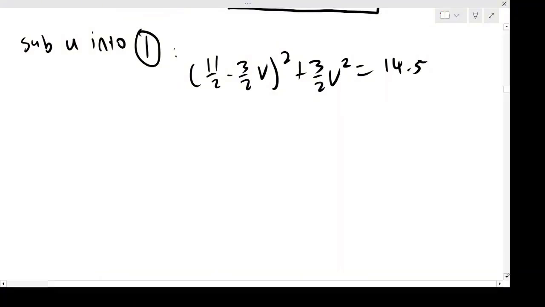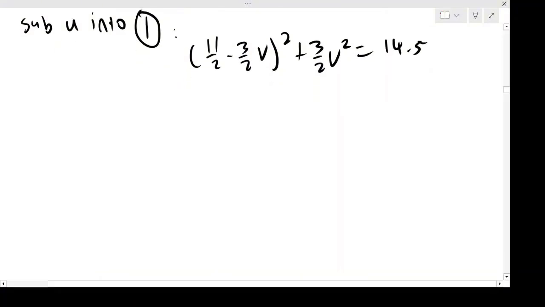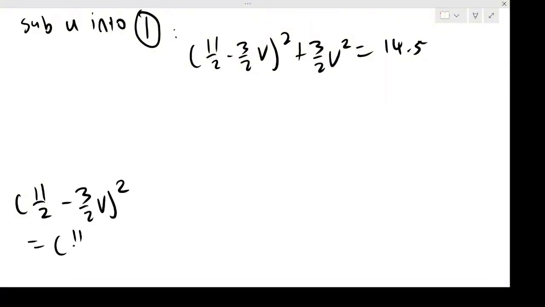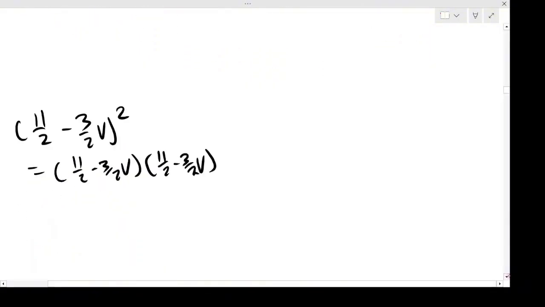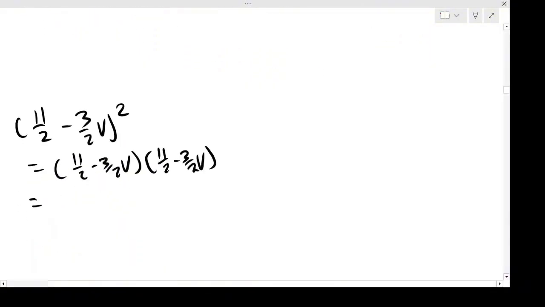So it's an algebra grind here. Now I recommend expanding this bracket separately somewhere, let's say here. So if I expand that, okay, so firstly 11 over 2 times 11 over 2 is going to be 121 over 4, and then 11 over 2 times minus 3 over 2v.